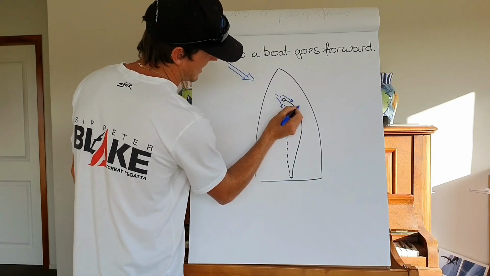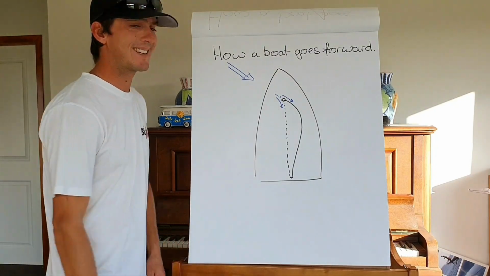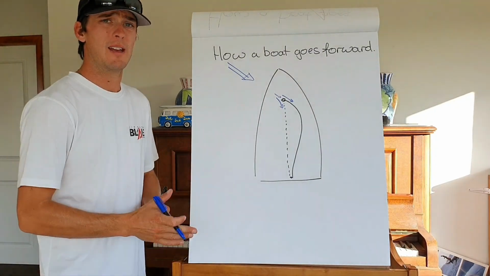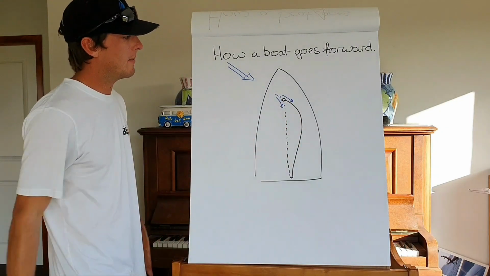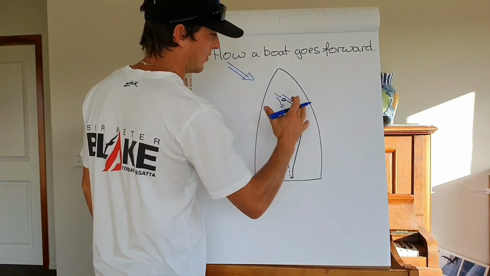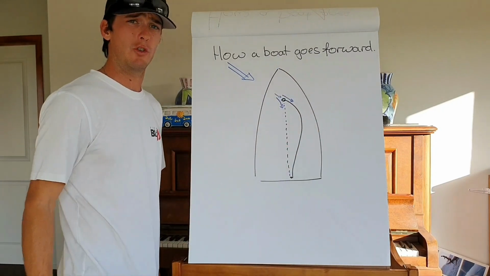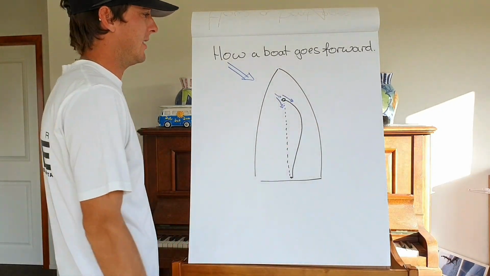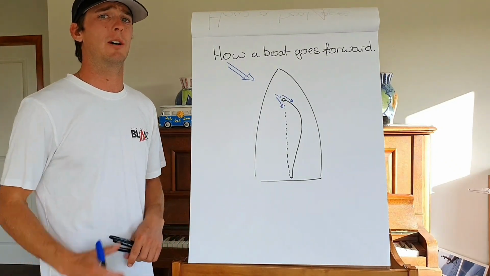The air that's going around the leeward side of the sail gets accelerated. The reason it gets accelerated is it's got a little bit further distance to travel, but also, with the air just traveling around that curve, the air gets accelerated, which actually decreases the pressure.